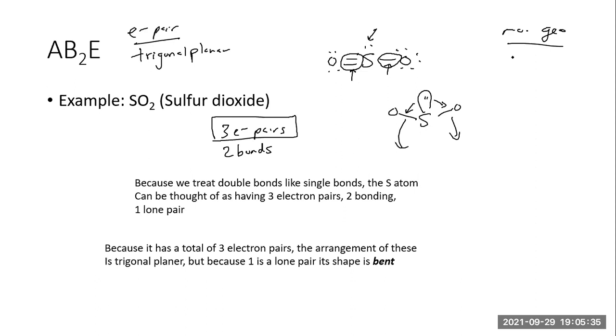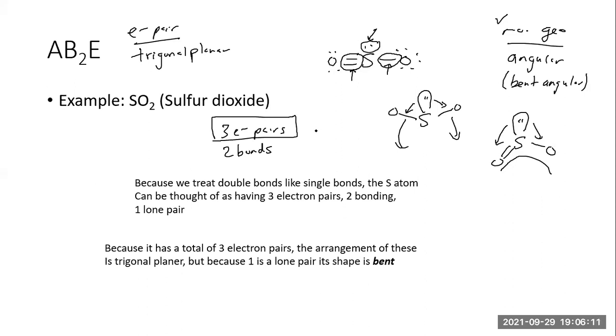What ends up happening is they move away into a shape which is known as angular, kind of an angular type of shape, as they move away from those non-bonding electrons as far as they can. Some people will call this bent, but we will go with angular. It is a little bit less than 120 degrees, but we do see the difference here in the molecular geometry because of the presence of these non-bonding electrons.